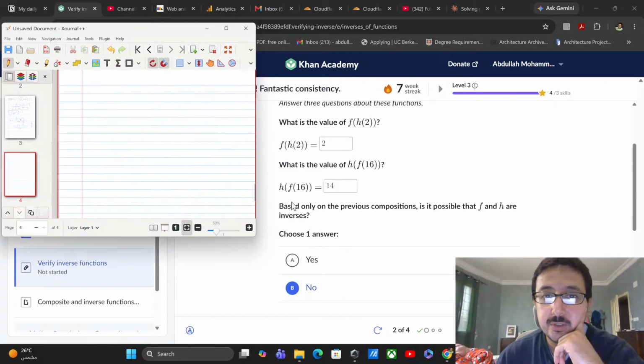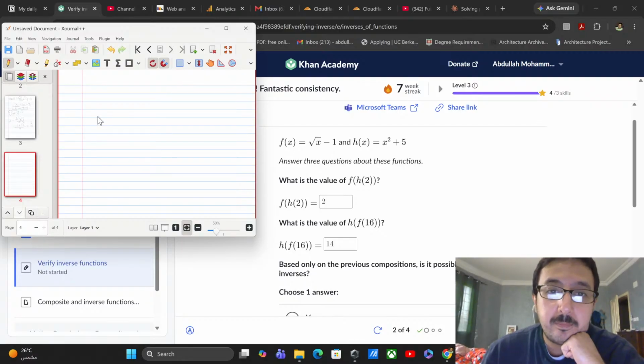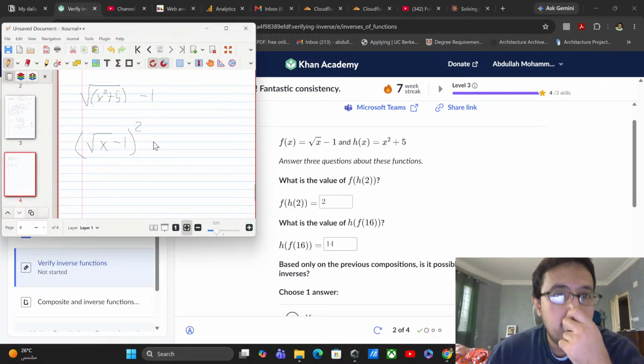practical steps, which is, let's say, x squared plus 5 minus 1 and x minus 1 all squared plus 5. What do we have?